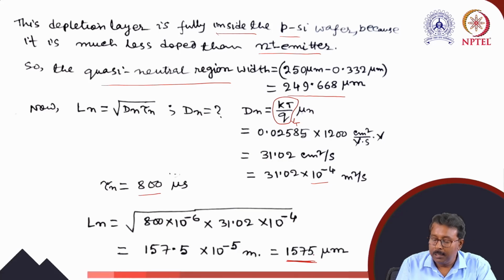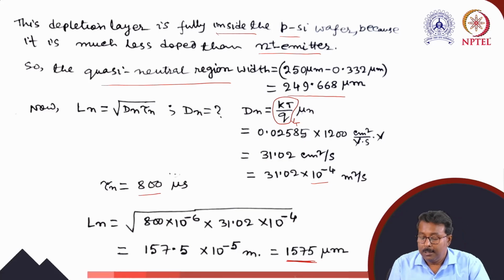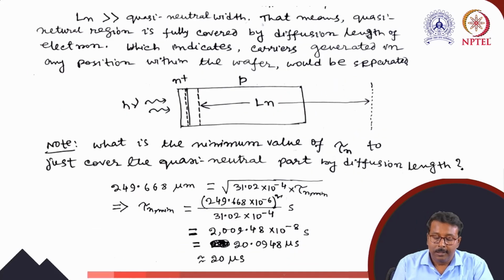So see the thing, that means Ln is much greater than the total width of the P silicon wafer. This is the Ln value we have calculated, 1575 micron.